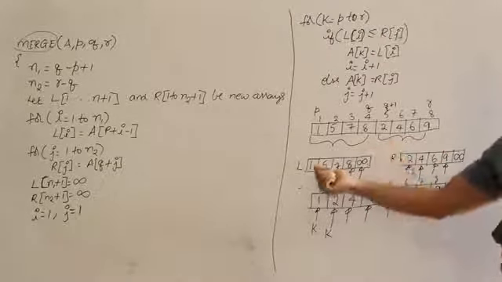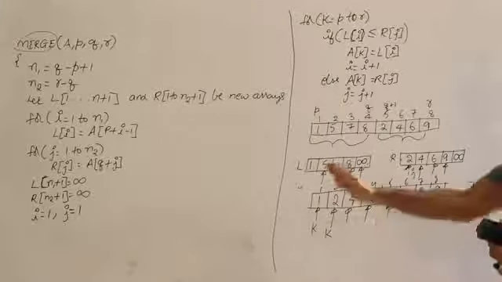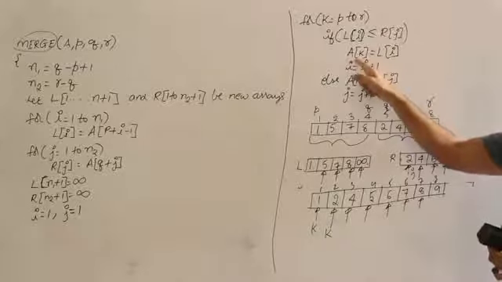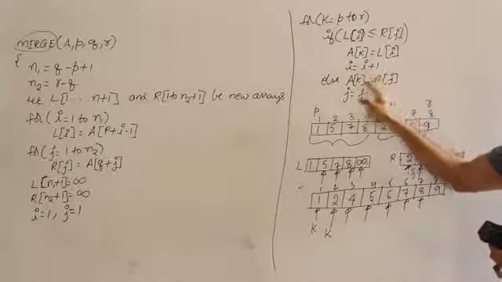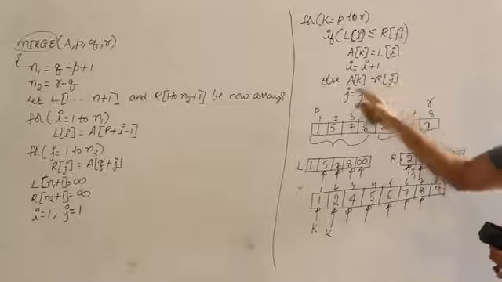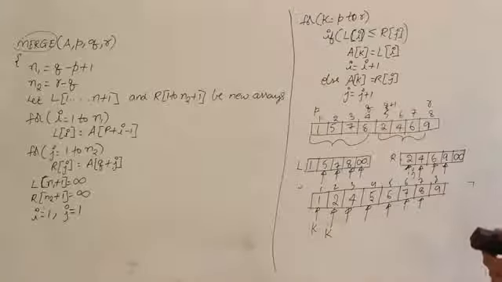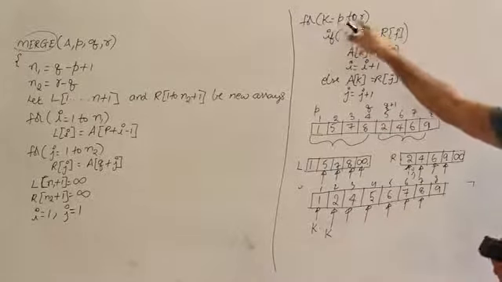If the left element is less, I am going to copy that left element into the array and increment the left side pointer. If the right element is less, I am going to copy the right element into the array and increment the right pointer. Anyways, k is going to be incremented at every step.